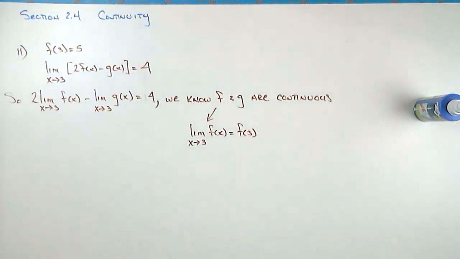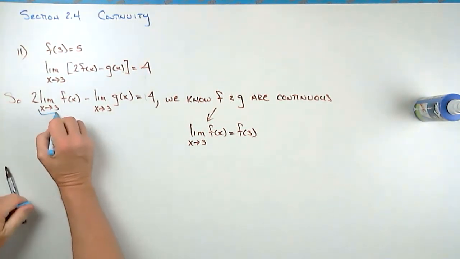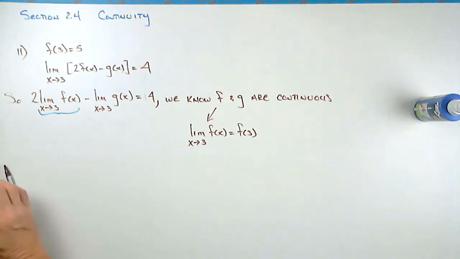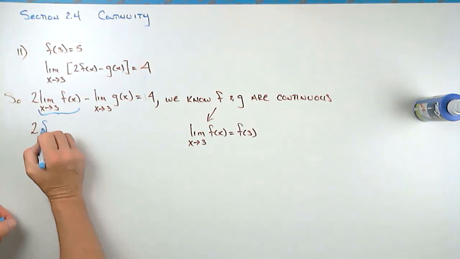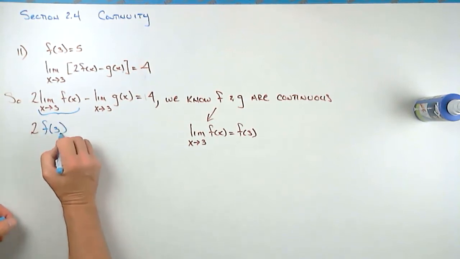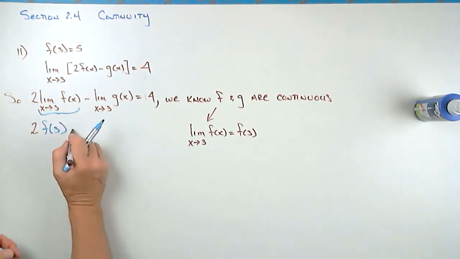That's the definition of continuity. That's literally the definition. So we can take this limit right here, and we can put the 2 down, and we can replace that limit with f of 3 minus.